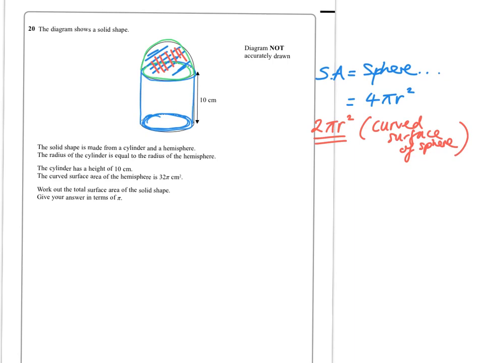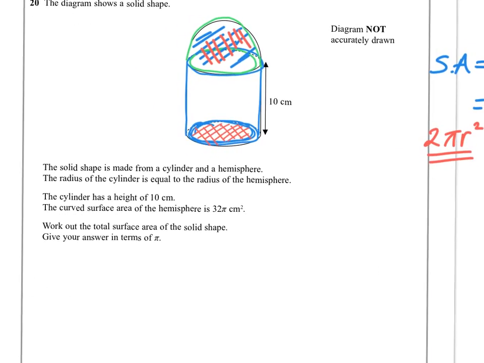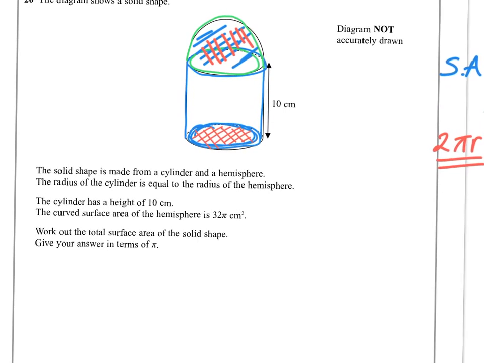And then we've got to look at the rest of the diagram. Now, if you think about this, we definitely have a circle at the bottom here, and we should have some information here. It says the cylinder has a height of 10 and the curved surface area of the hemisphere is 32 pi.